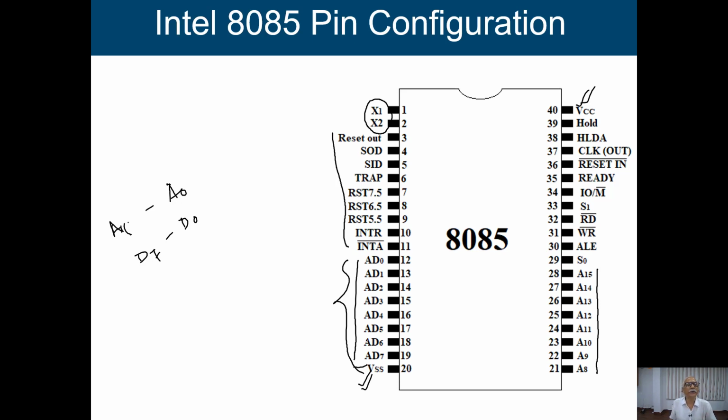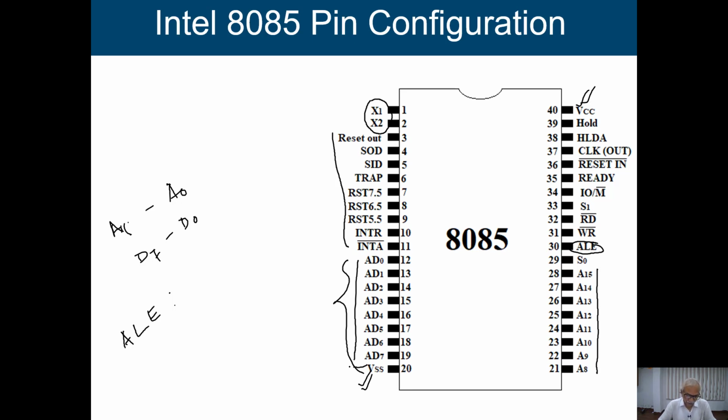Now how are we going to identify whether the information placed on these lines is data or address? For that, we have one control line, which we call ALE, the address latch enable. First we place some information on these 8 lines, and if we enable ALE, then we are placing the address on these 8 lines, and we are going to latch it at the output point, because this processor will be connected to some other circuitry.